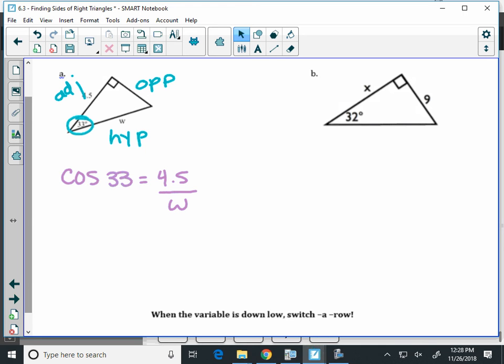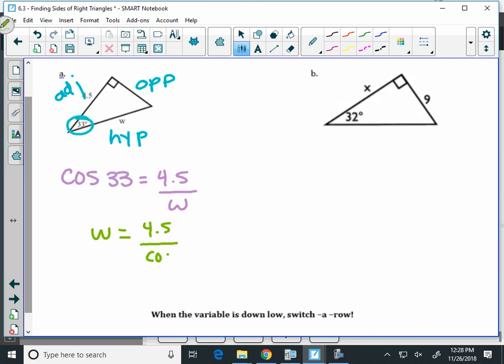Meaning, whatever's here trades places with the variable. We switch them. Okay? So this becomes W, and the bottom now becomes cosine of 33. The 33 is stuck with the cosine. So wherever the cosine goes, the 33 is going to go. Wherever the 33 goes, the cosine goes.